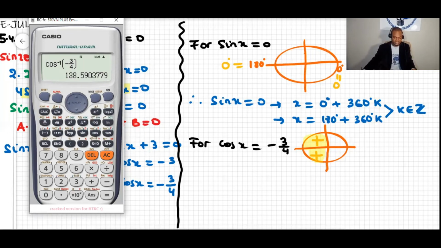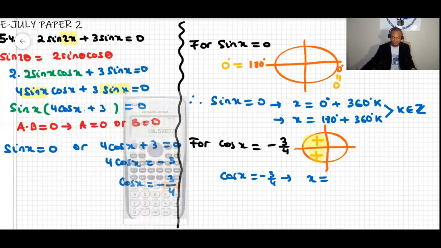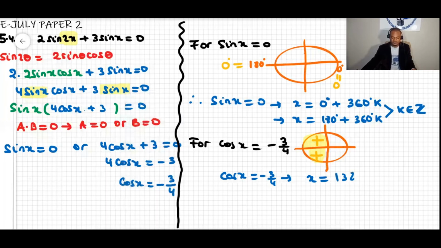So we say cos x equal to negative 3 over 4 implies that x equal to 138.59 degrees. This 138.59 lies on the second quadrant, so this is going to be 138.59 degrees plus 360 k, because it also has a revolution of 360 degrees.